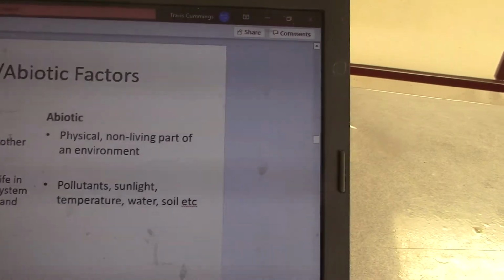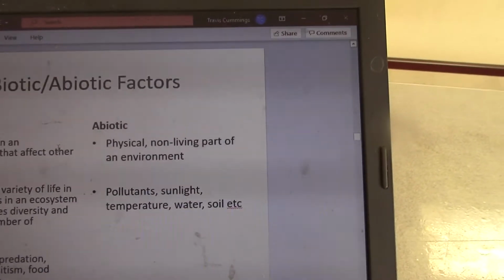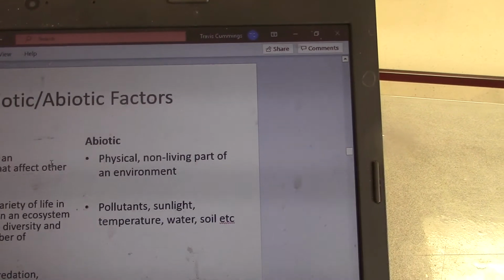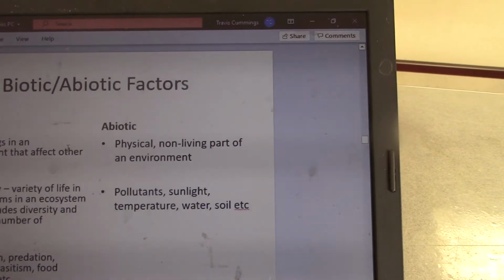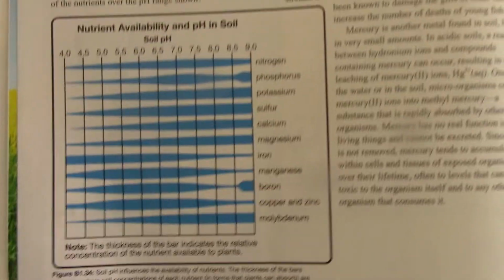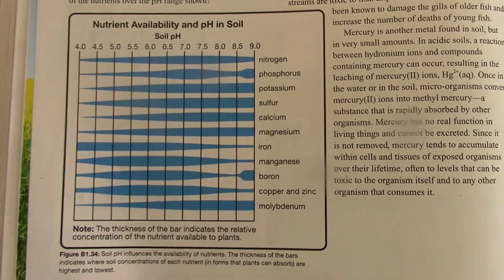It affects the availability and absorption of different types of pollutants in the soil. So those would be abiotic factors. Those are non-living things that affect growth in an environment. All right, so when we look at nutrient availability, again, those are all abiotic factors that limit growth. Okay.